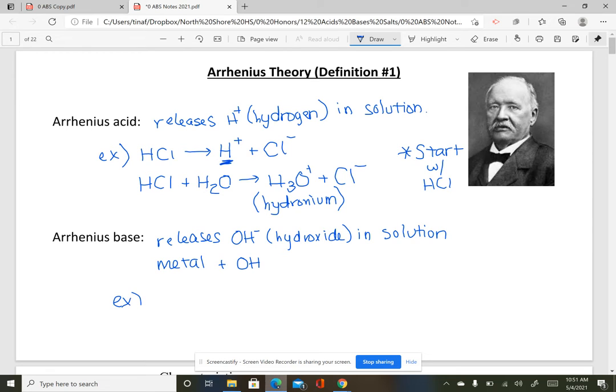Here's an example, NaOH. Ionic things are supposed to break up into ions when we dissolve them in water. So sodium hydroxide would break up into sodium plus the hydroxide ion. So by dissolving sodium hydroxide in water, you're increasing the hydroxide ion concentration in the solution, which is going to give the solution basic properties.